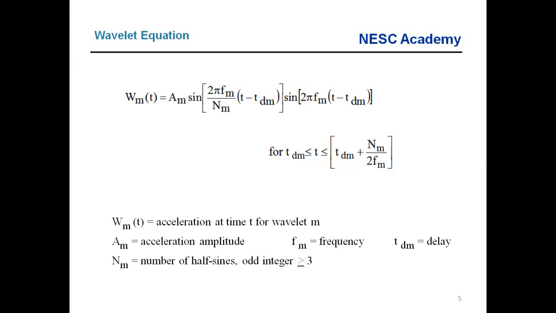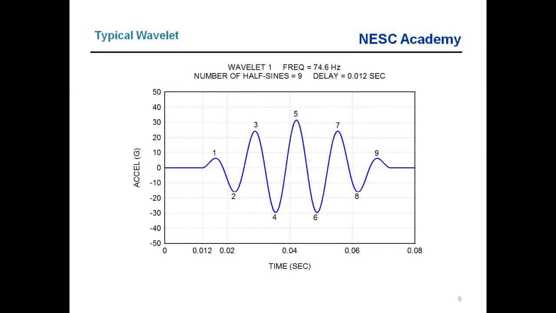Just looking at this equation, you might not be able to figure out offhand what it means, but if we do an example it becomes much clearer. This is what I'm going to call a typical wavelet. It's a single wavelet, showing its acceleration in g versus time in seconds. And you can see there's an offset or delay of 12 milliseconds.